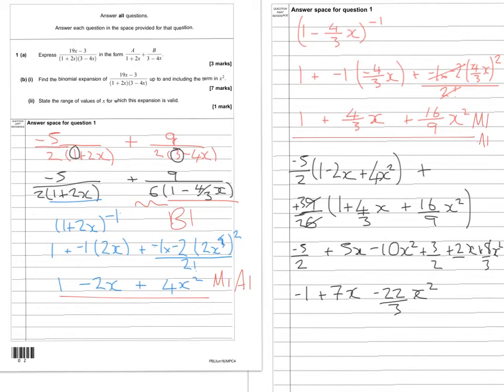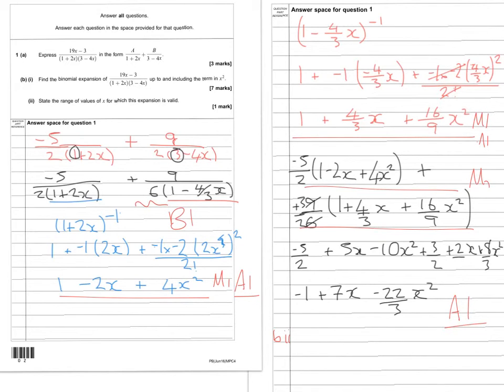And then you get M1 and A1 there. Unfortunately, all of those A1s have got to be actually right. There's no follow-on for those. So if you make a mistake with this first A1, then you cannot get that last A1 either. Seems a little bit pointless, but anyway, that's the way it was marked. So accuracy is the name of the game.